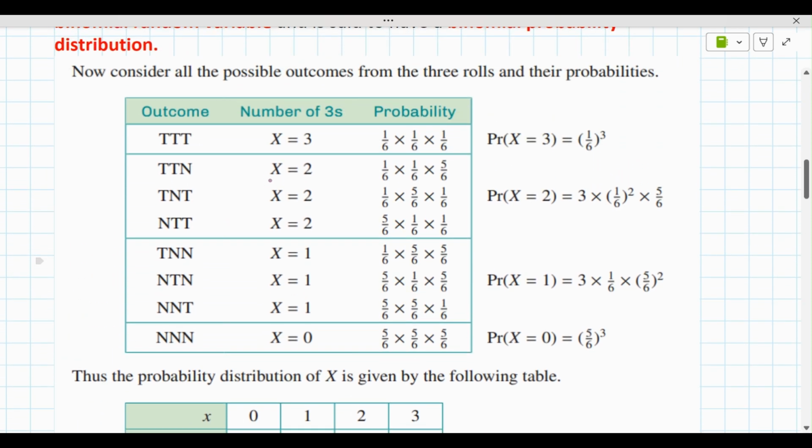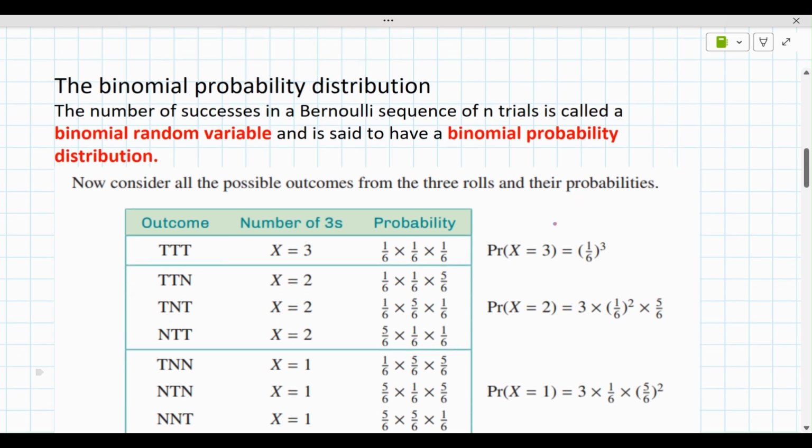So what does T represent? It's about a six-sided die, and a success means you roll a number 3, and N represents not 3. Each one is 1/6 since it's a fair die. If you roll 3 three times, the probability is 1/6 each, and you multiply them because the rolls are independent.